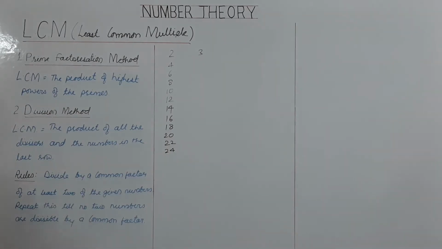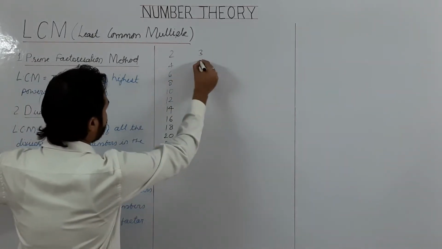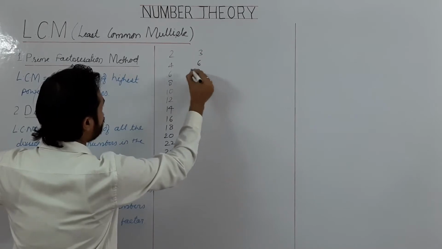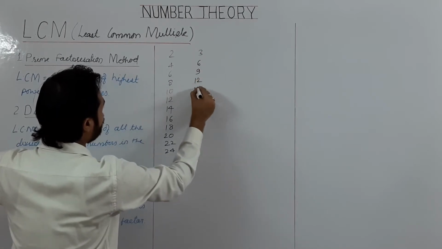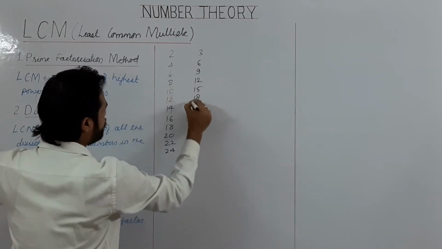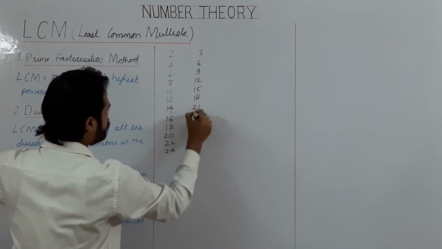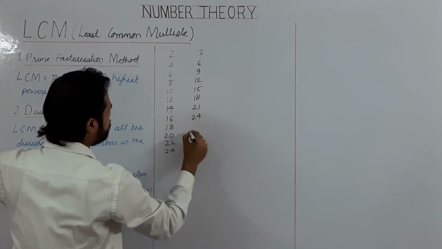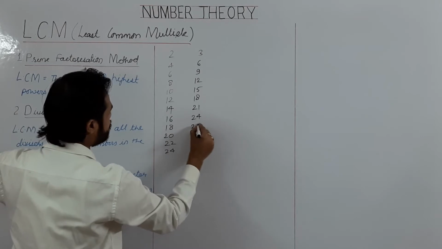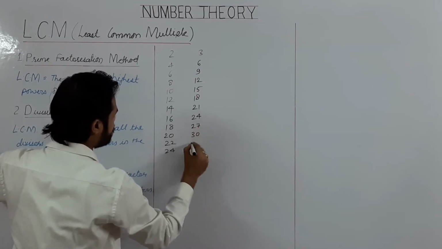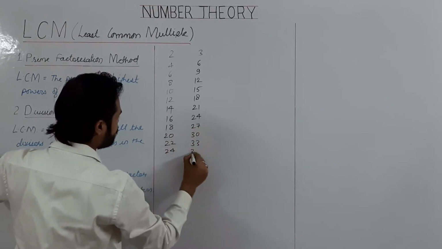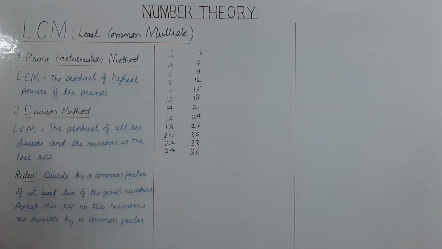Now multiples of 3, then 6, 9, 12, 15, 18, 21, 24, 27, 30, 33 and 36. These are multiples of 3.